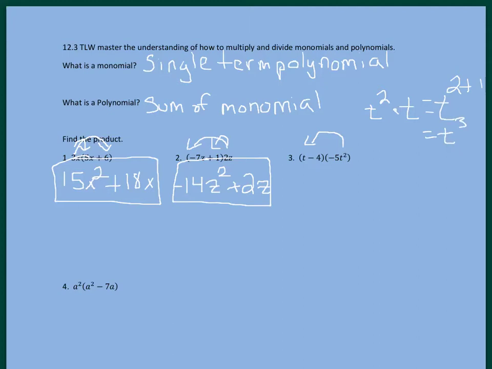So here, negative 5t times t, negative 5t to the third. Negative 5t squared times negative 4, positive 20t squared. There we go.